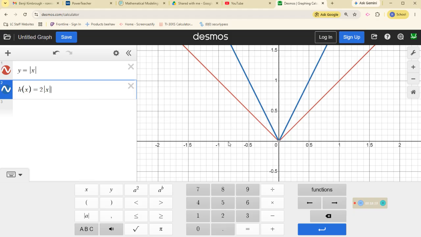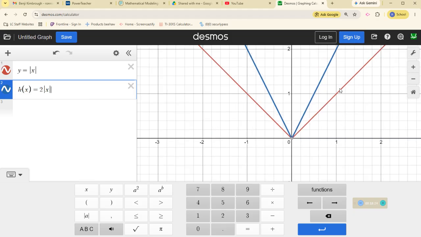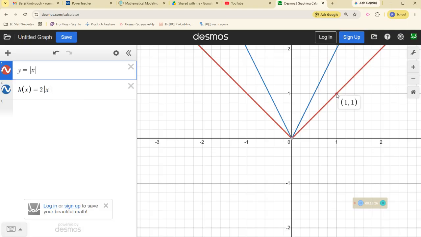So now when it's at 1, instead of it being 1, 1, now it's 1, and we stretched it 2. There we go. That's more better. So it's like a rubber band. You just stretch it vertically.